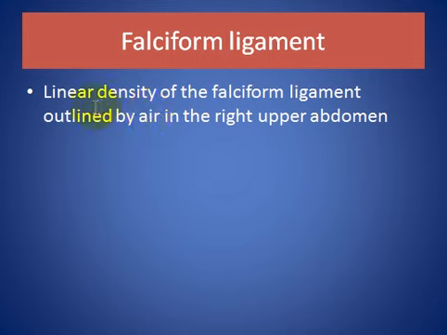It appears as a linear density of the falciform ligament outlined by air in the right upper quadrant, parallel to the border of the spine.